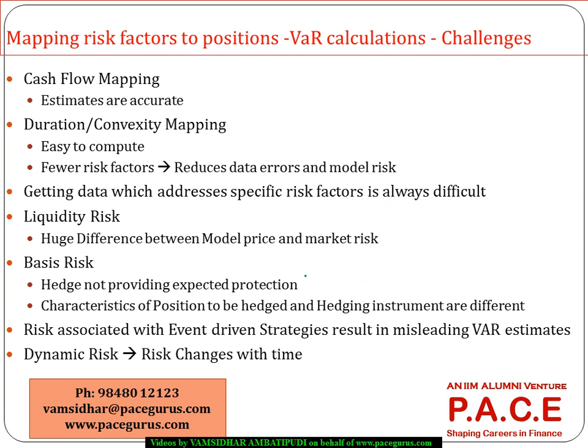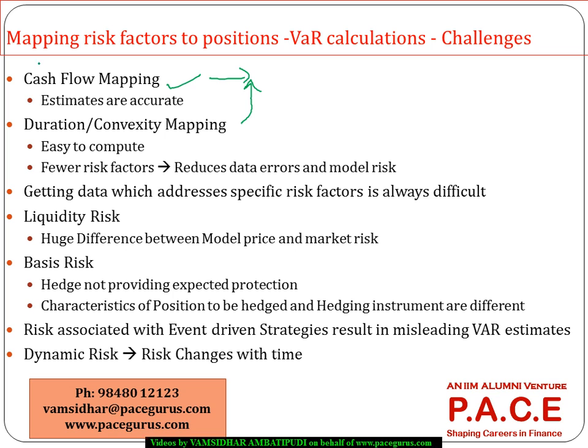Then the next dimension that is worth looking at is mapping of these risk factors to the positions. So either I do a cash flow mapping to the risk factors, or I can do a duration or convexity mapping to the positions.